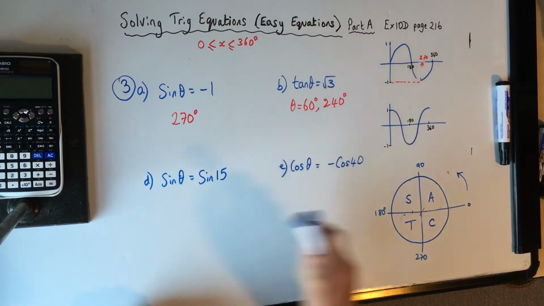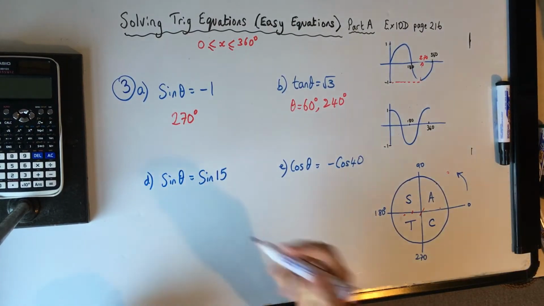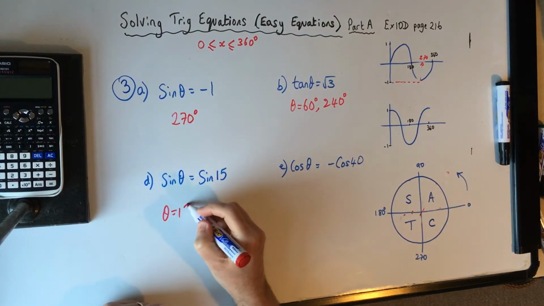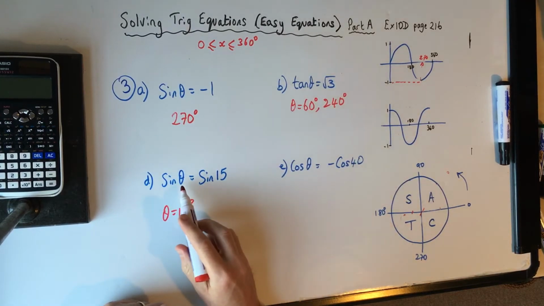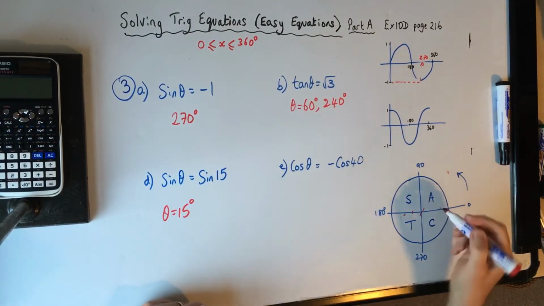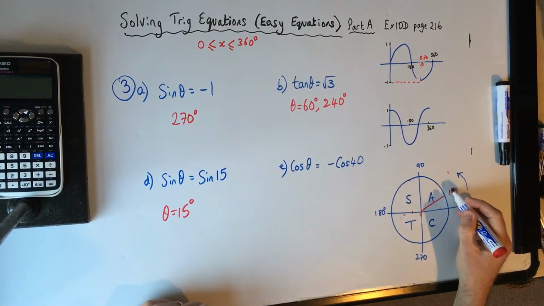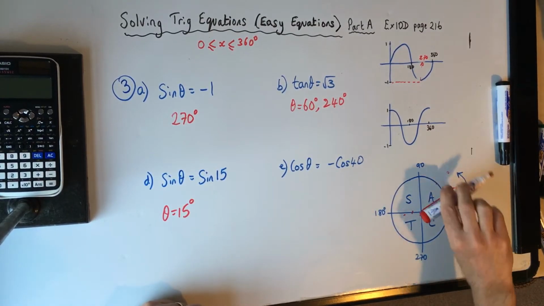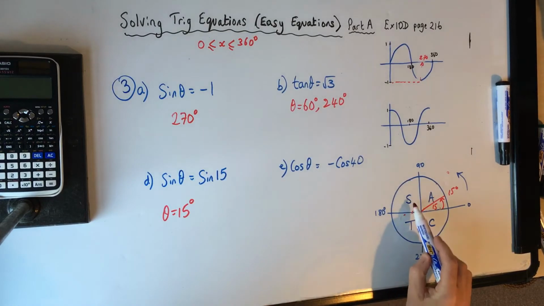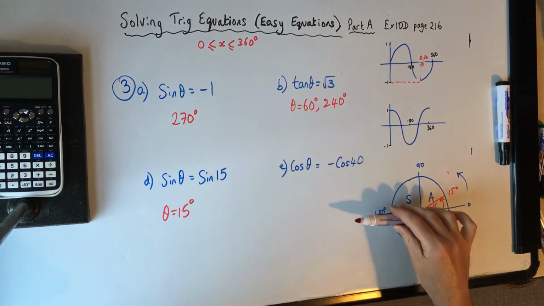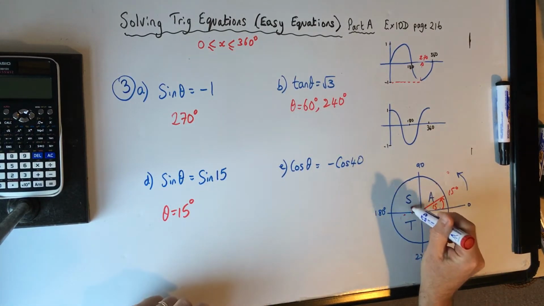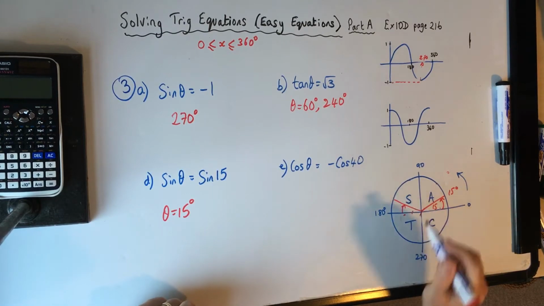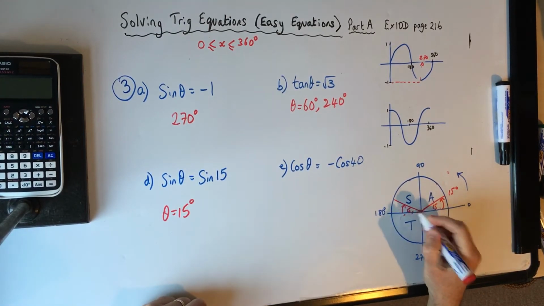Sine of theta equals sine of 15. Really obvious, theta has got to be 15 degrees. Sine of 15 degrees equals sine of 15 degrees. But 15 degrees is there, and there's 15 degrees, turning 15 degrees into that region. This is positive, so sine of 15 degrees is the same angle there, 15, in that region.